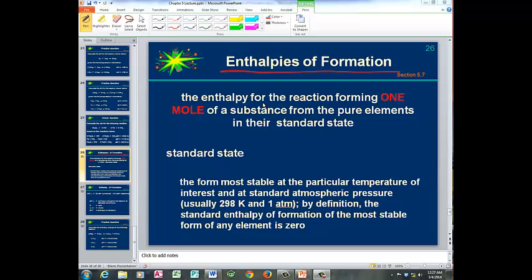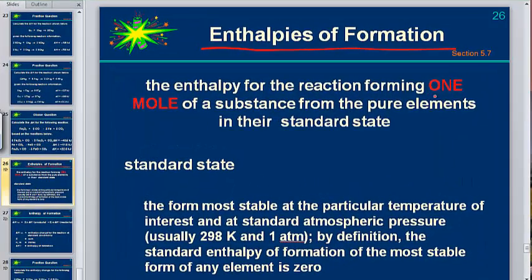The enthalpy for the reaction forming 1 mole of any particular substance from the pure elements in their standard state. So what you're looking for are elements that are in their elemental form at 25 degrees Celsius.